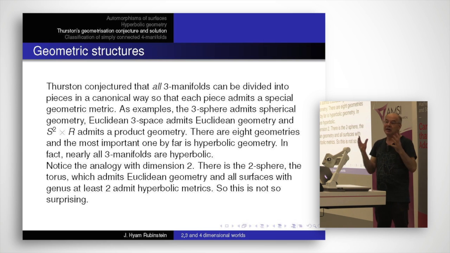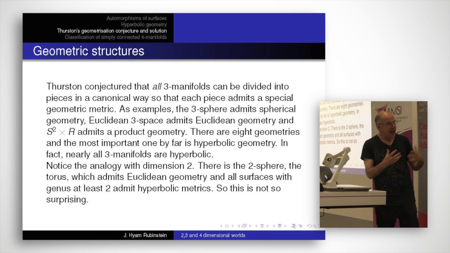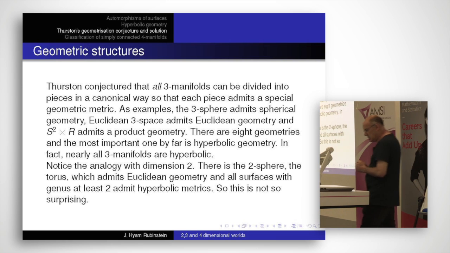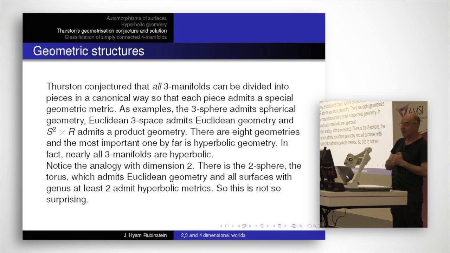There's a unique algorithm to cut them up into a finite number of pieces, and each piece has one of these special metrics. So Thurston discovered what the metrics are. There are 8 of them.